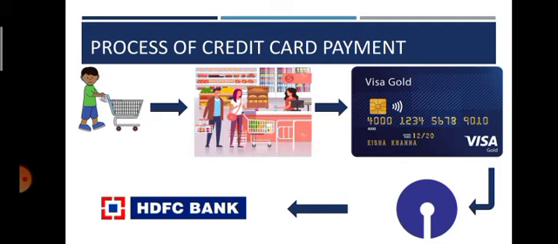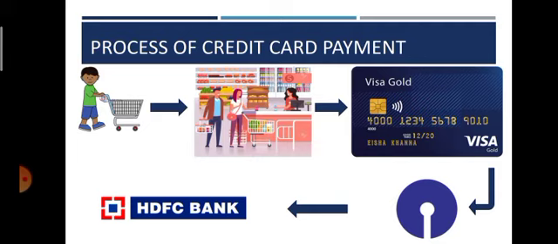So this is how the amount from your account is credited to the merchant's account. Different banks can be accepted. For example, here you are seeing SBI and HDFC. The customer has an SBI account and the merchant has an HDFC account.